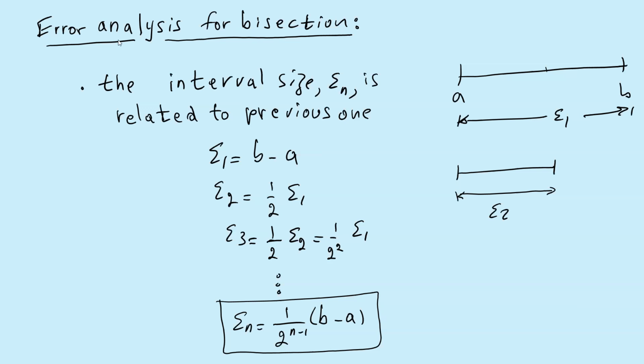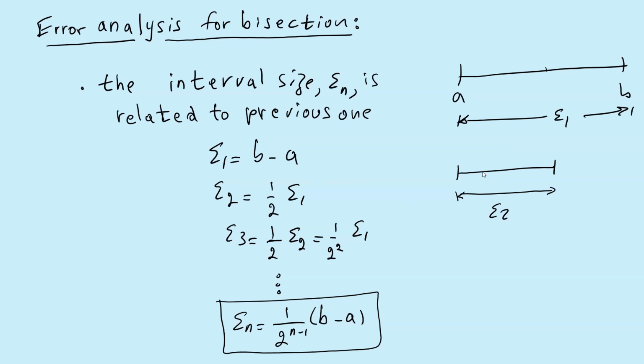First we do the error analysis. The maximum error at the starting point is the difference between the two endpoints, A and B. If we assume that the root lies on the left side of the bracket, the maximum error at the second iteration becomes this part.